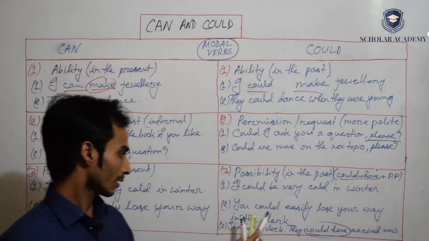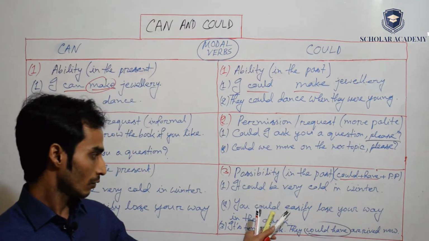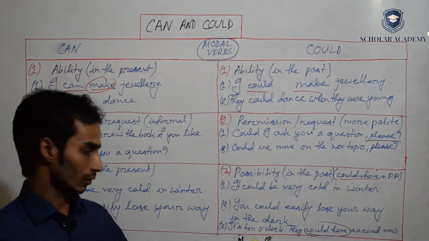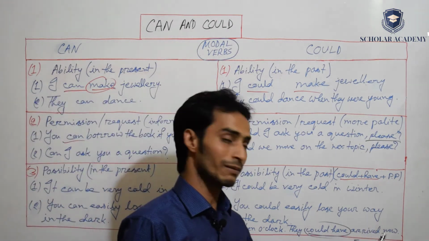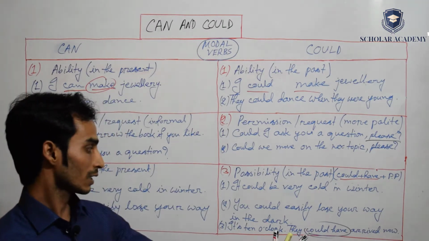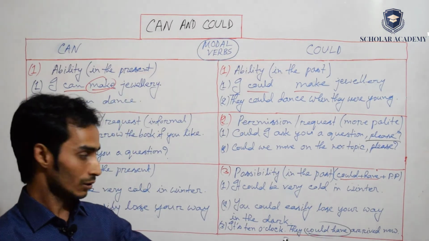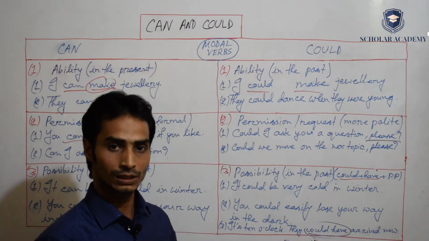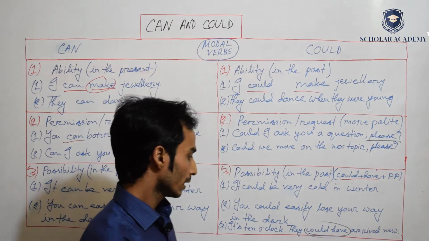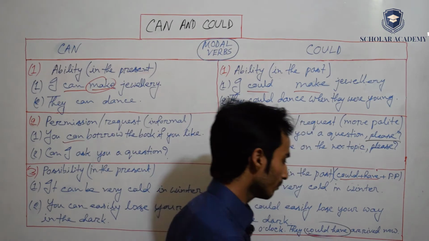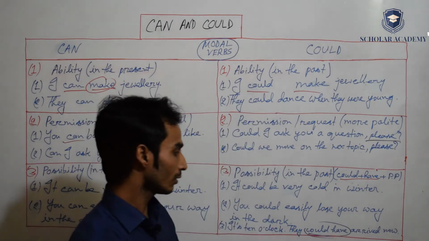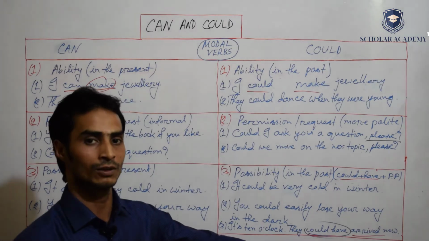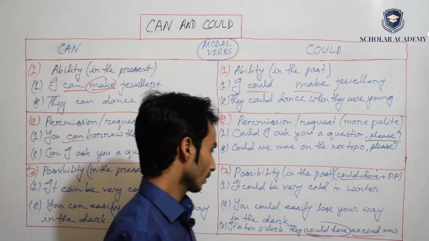Sometimes people often lost their way in the dark. It's 10 o'clock. They could have arrived now. That means he was supposed to arrive, but he could not land. That's why you will have to use could have, and after could have, you will have to use the PP form of verb. PP form means past participle of verb.